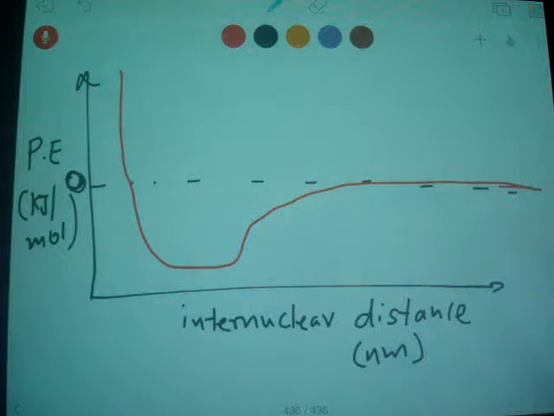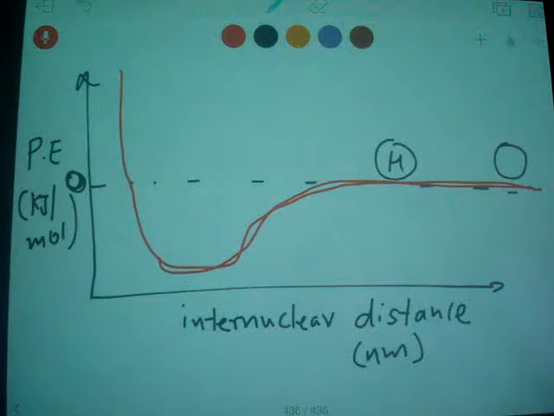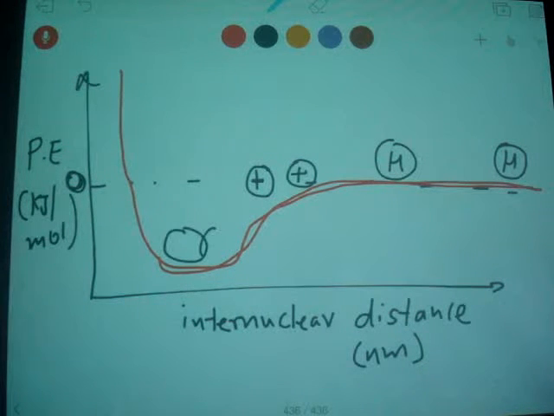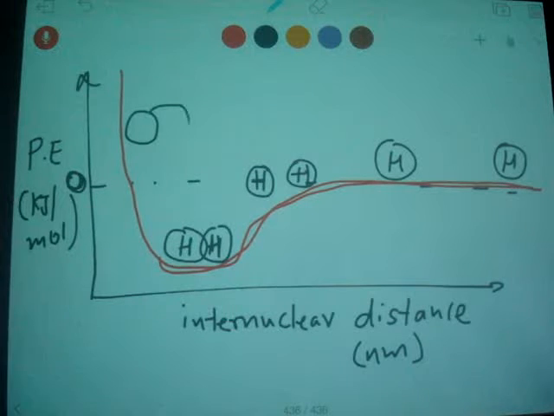Let's start here, where they are far apart. When they start coming closer to each other, here they start joining, and you can see the H2 molecule.